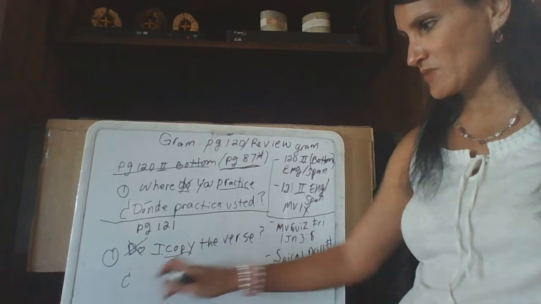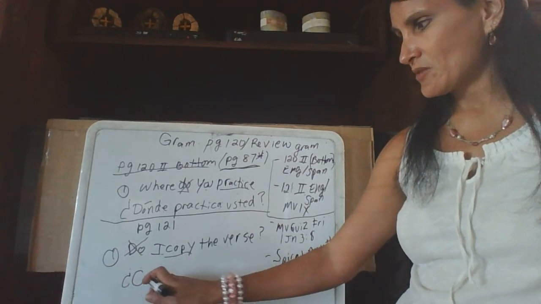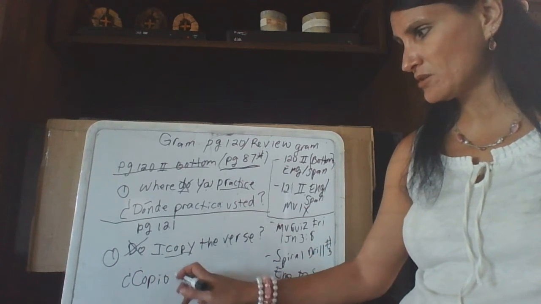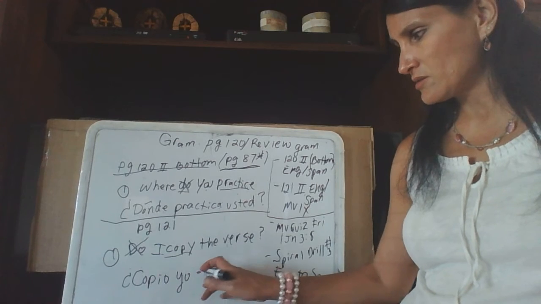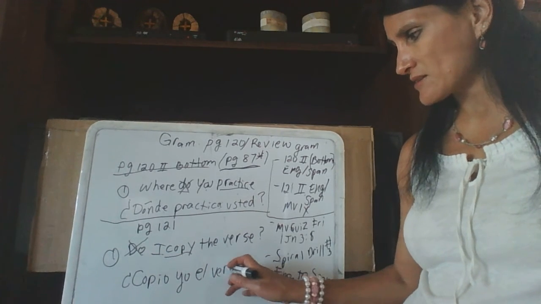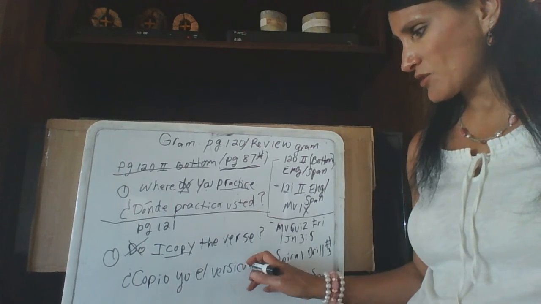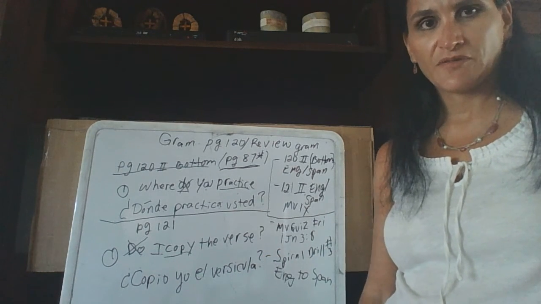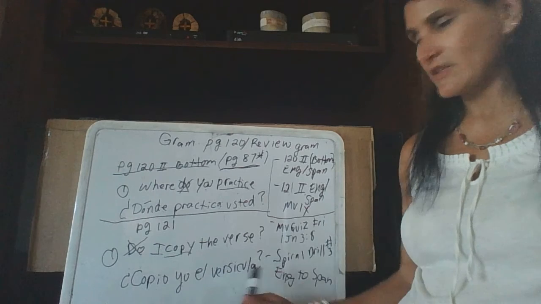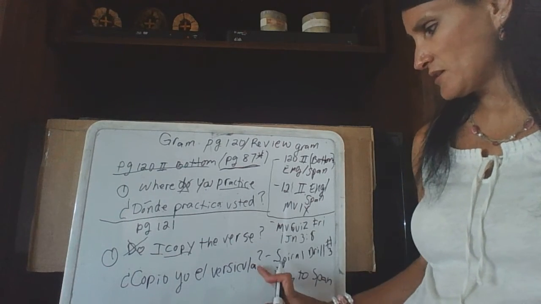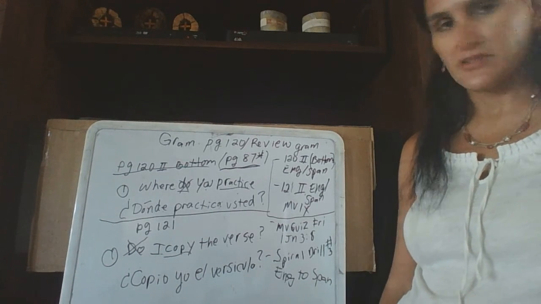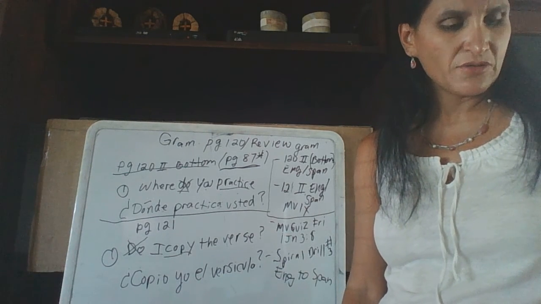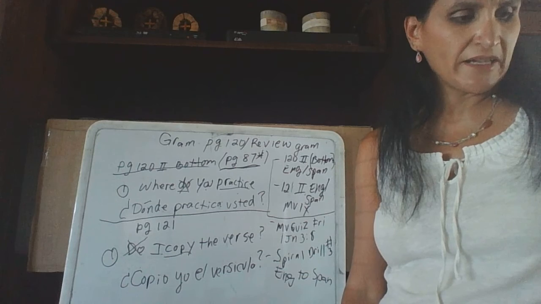So here's my verb that goes first. So you would say copio. Copiar is the verb, so copio yo el versículo. These are all parts of your grammar book or your vocab list, so you should be able to find them there. Copio yo el versículo? Question mark. I put A, this should be O. And you're done.